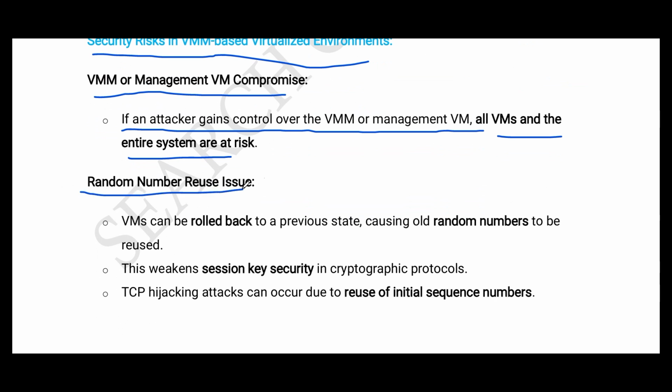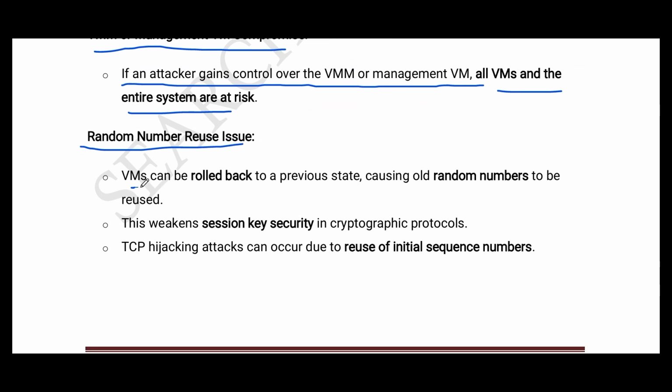Random number reuse issue: virtual machines can be rolled back to a previous state, causing an old random number to be reused again.